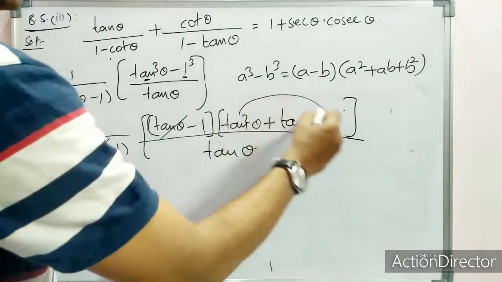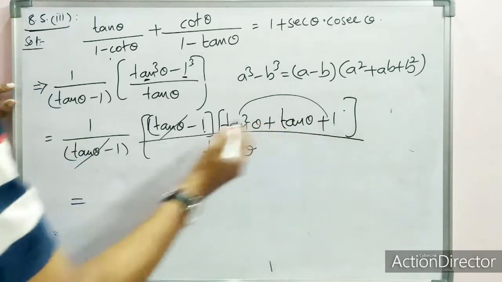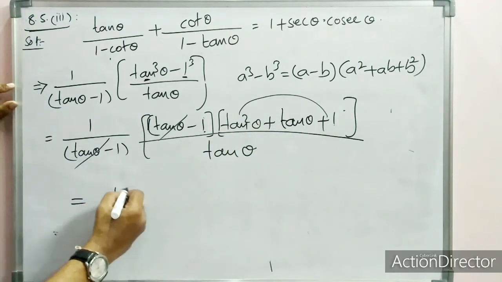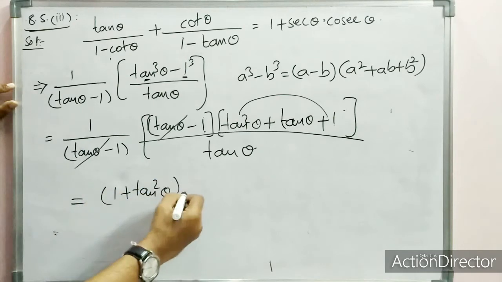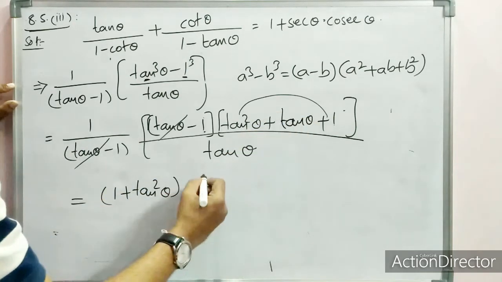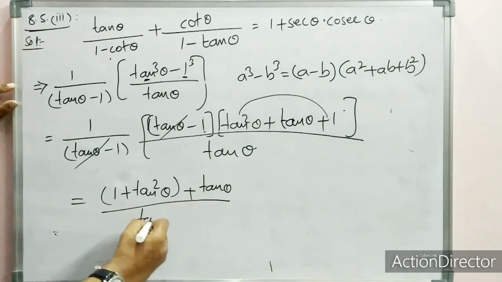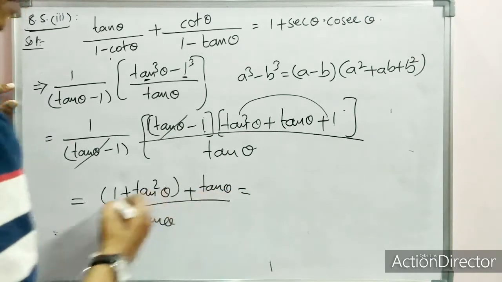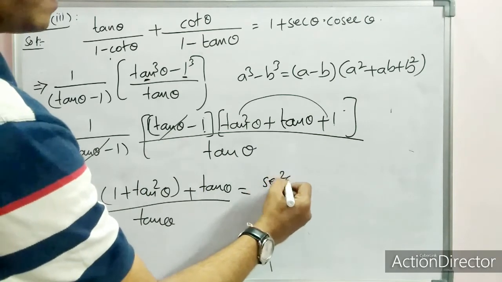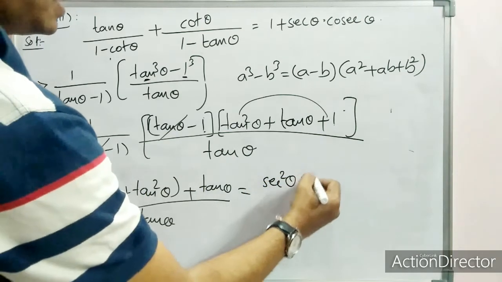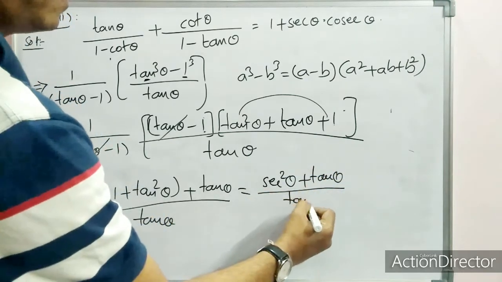Now tan square theta plus 1. Here we use one identity: 1 plus tan square theta, plus remaining is tan theta by tan theta. Now you see 1 plus tan square theta is secant square theta, plus tan theta by tan theta.